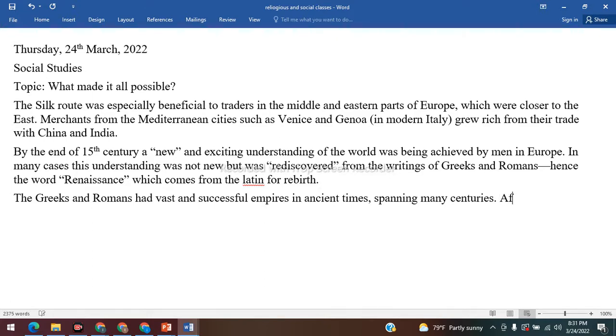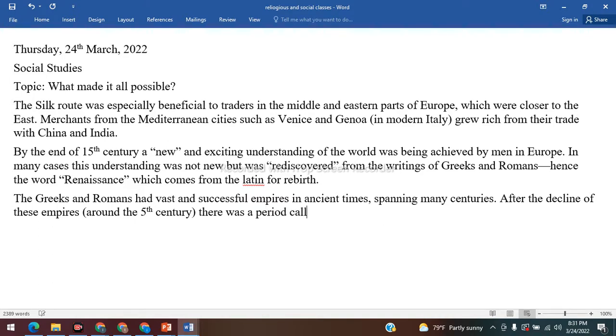After the decline of these empires, around the 5th century, there was a period called the Middle Ages, also known as the Dark Ages.